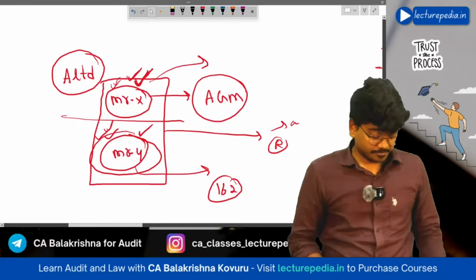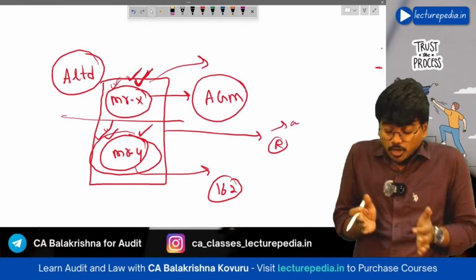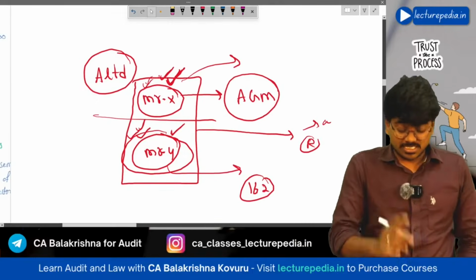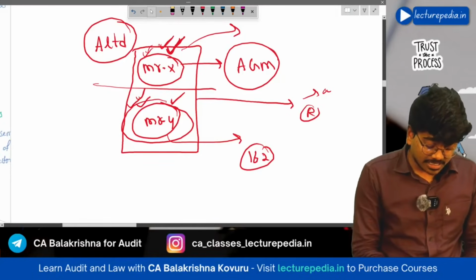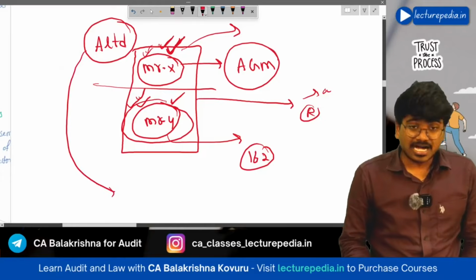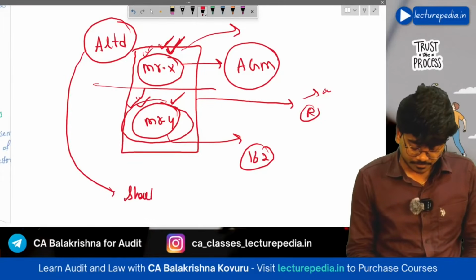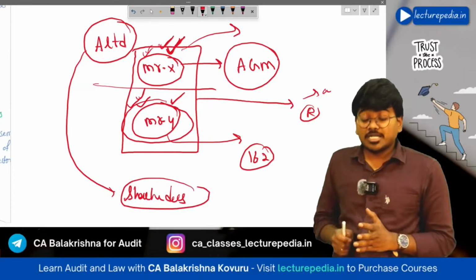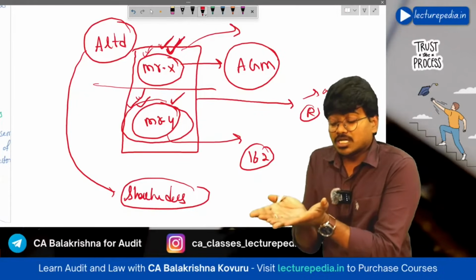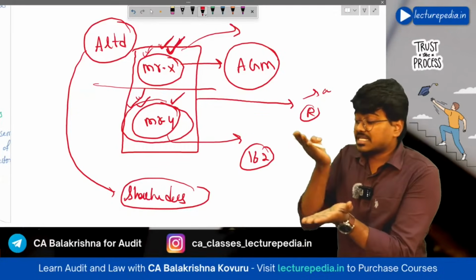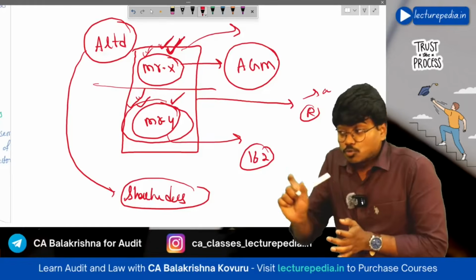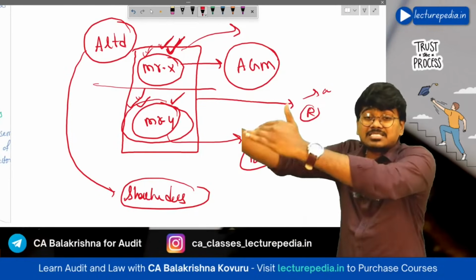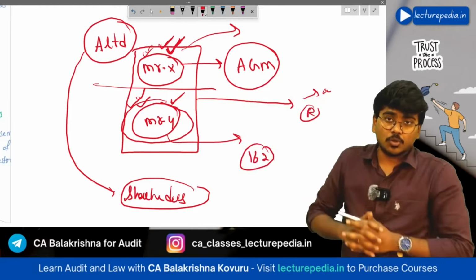For this, A Limited has to first of all ask the shareholders, we want to put a single resolution for appointing both Mr. X and Mr. Y, is that okay for you? Like this, A Limited has to ask for the permission of the shareholders.